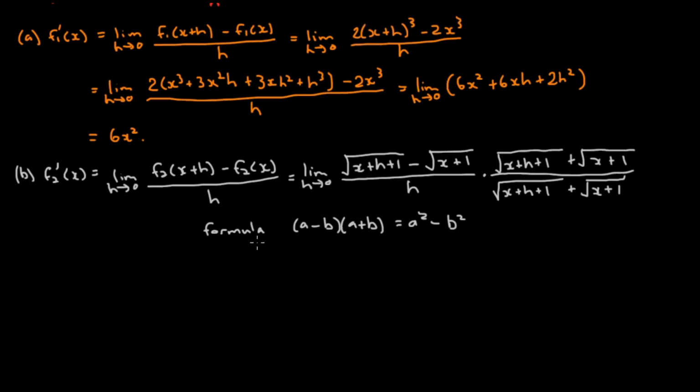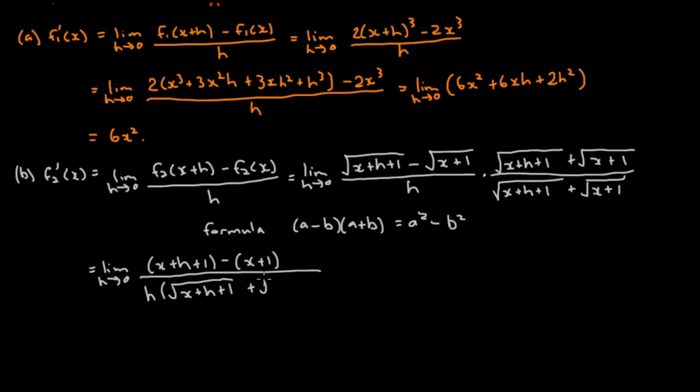So if we go ahead and do this multiplication, we get the limit as h approaches 0 of x plus h plus 1 minus x plus 1 all over h times square root of x plus h plus 1 plus square root of x plus 1.